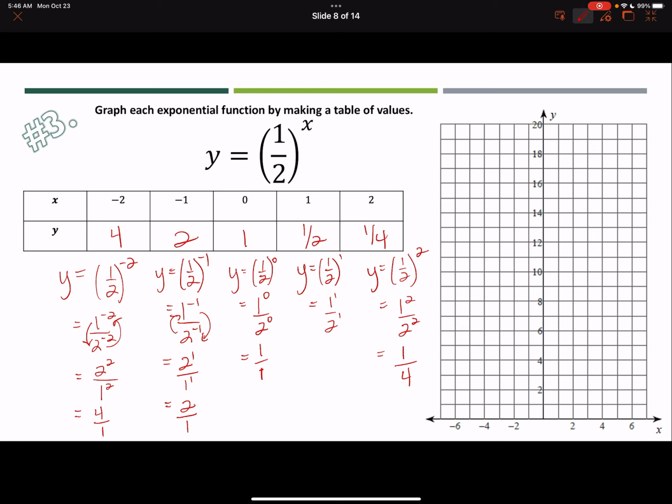Okay, so now I have this table of values. Let's plot the points. So we have the point -2, 4, which is up here. -1, 2. 0, 1. Then we have 1, 1/2. And finally 2, 1/4. Or in other words, like 0.25.